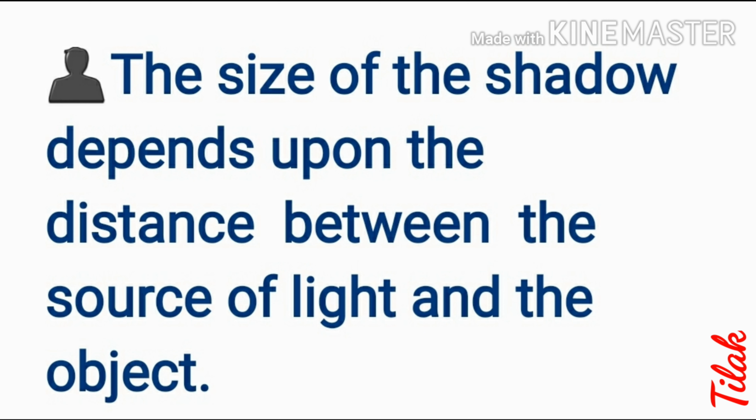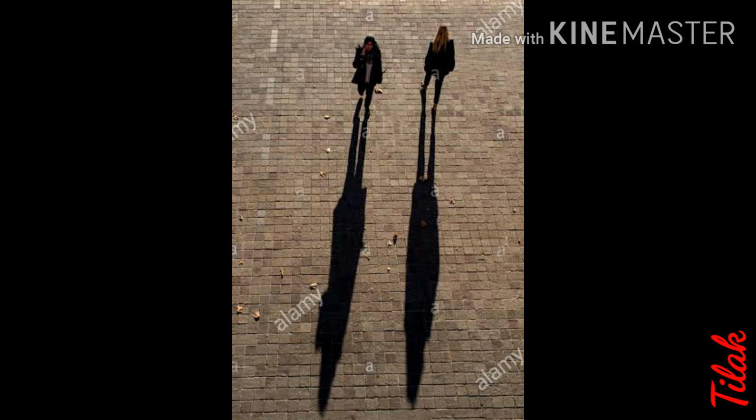The size of the shadow depends upon the distance between the source of light and the object. So you remember, in the afternoon your shadow is shortest, and in the evening and the morning time, your shadow is taller than your height.